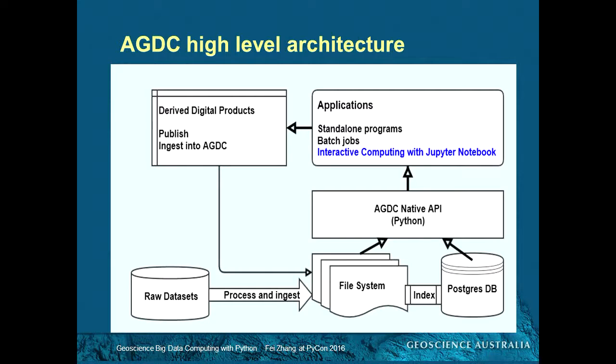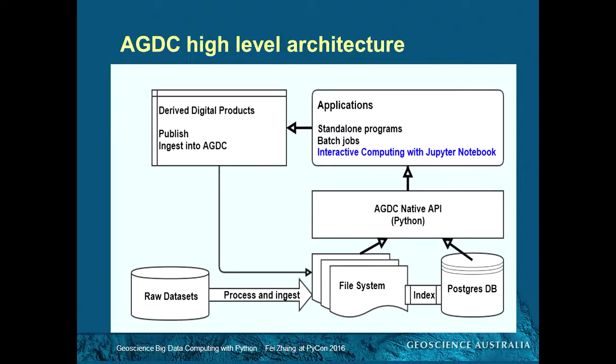Then we have a package of Python modules we call the native API interface to allow users to search and retrieve data from this datacube. Then you do all your applications, whether it's detecting water, or any kind of vegetation or land cover change applications, in standalone programs, or in batch jobs, or using interactive computing with, for example, Jupyter Notebook.